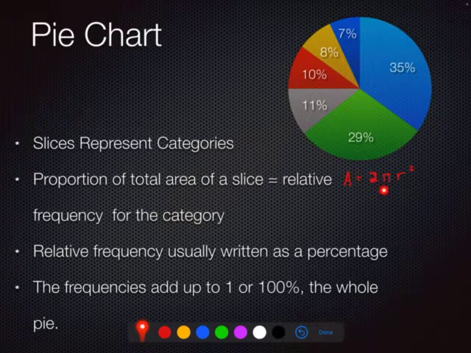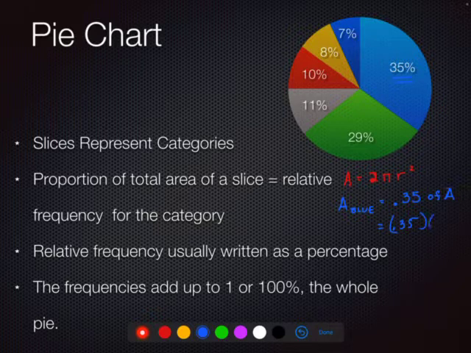If I knew what the total area was, because I'm drawing my circle and I can calculate the area, then the light blue one would be, since it's 35%, the area of that light blue sector would just be 0.35, or 35%, of the total area, or 0.35 times 2 pi r squared.